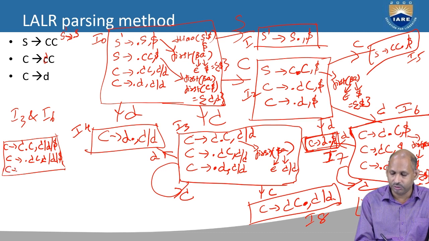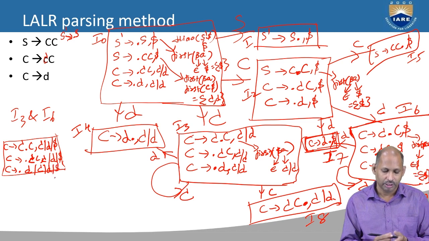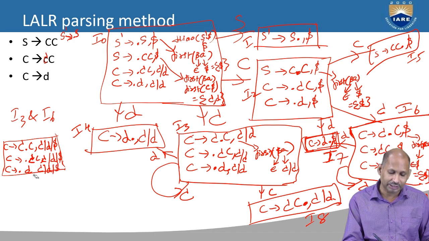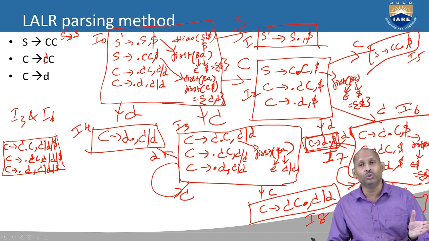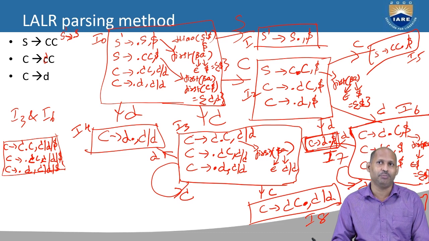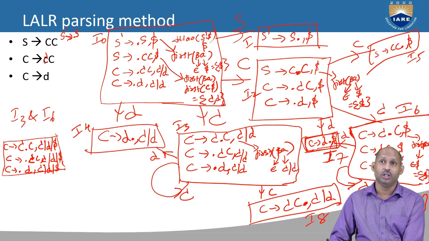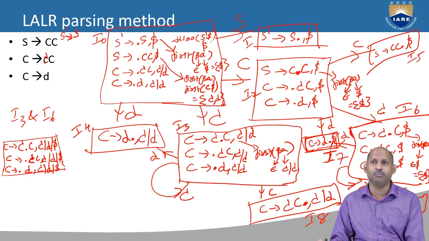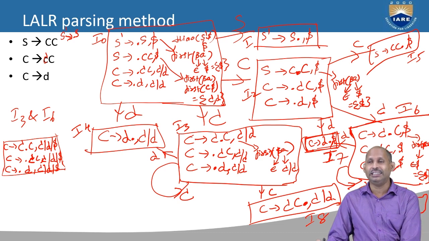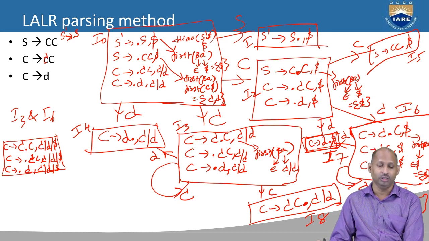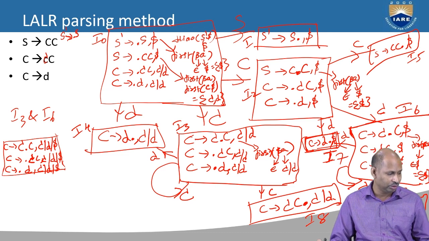Then C gives dot D. So here the resultant group consists of the union of all the lookahead symbols of both the groups. I3 has the lookahead symbols small c small d. I6 has the lookahead symbol dollar sign. So all three we have to combine here.